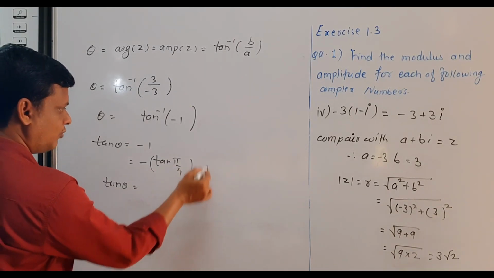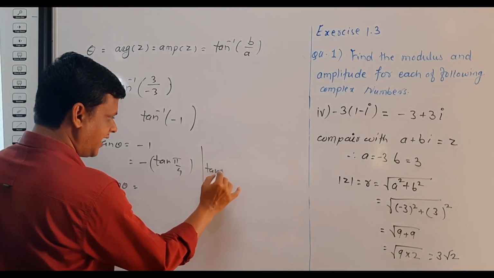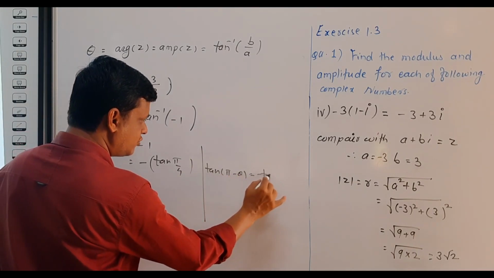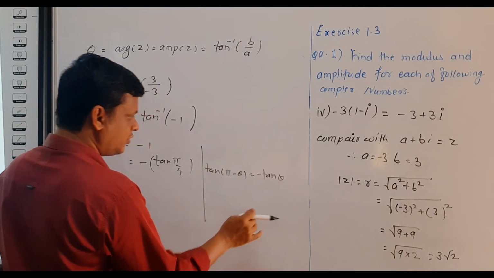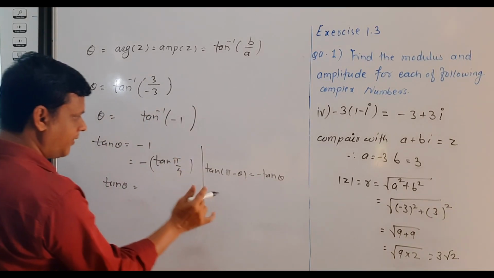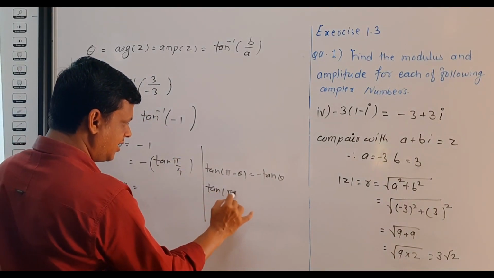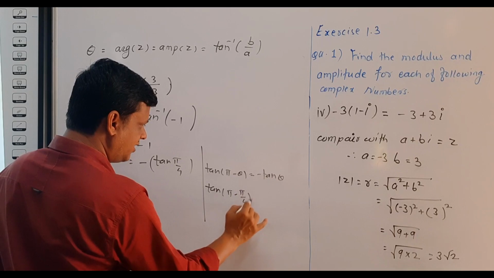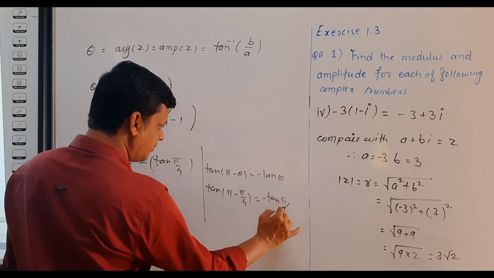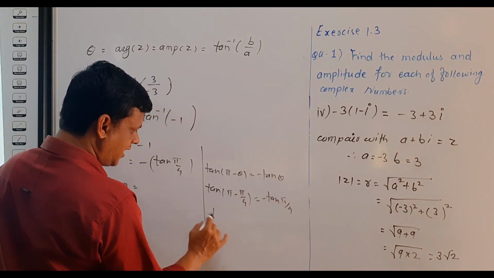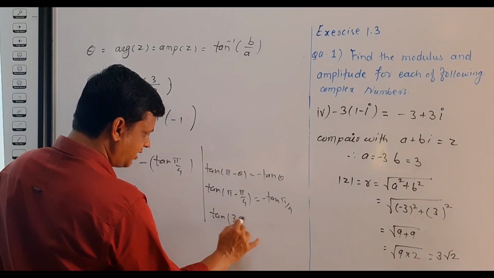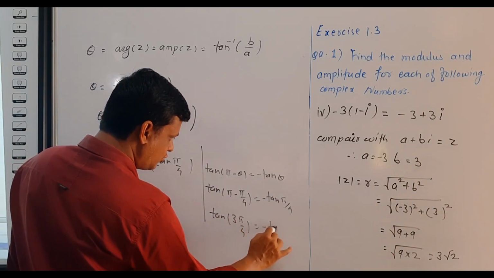So use the formula here: tan of pi minus theta equals minus tan theta. So in place of theta we have the value pi by 4. So we write tan of pi minus pi by 4 equals minus tan pi by 4. So this tan of pi minus pi by 4, we write 3 pi by 4, equals minus tan pi by 4.